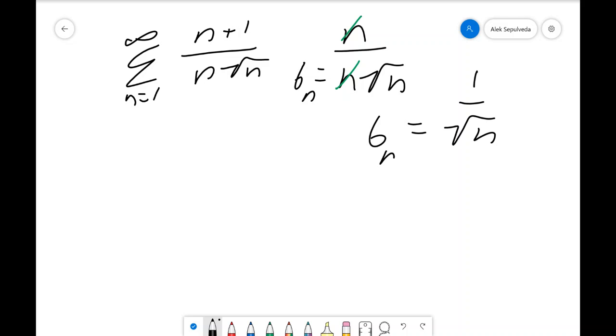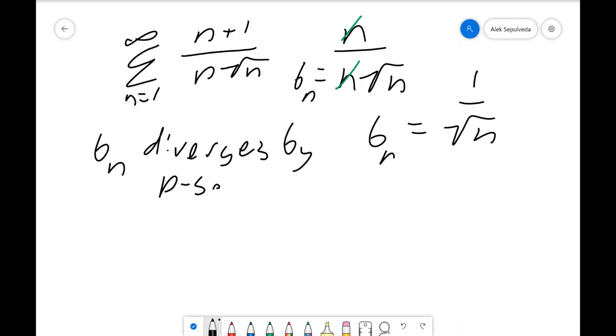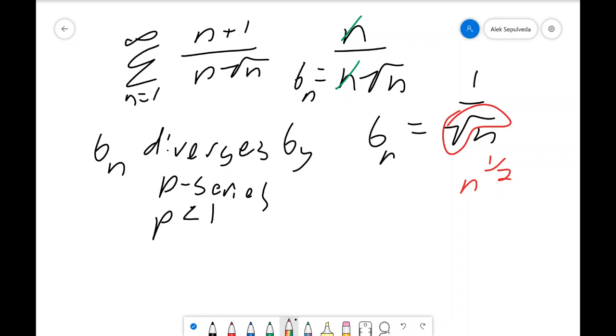So b sub n diverges by the p series, because our square root, which is the same as saying n to the power of 1/2, has p less than 1, so the entire series will diverge. So will our a sub n.